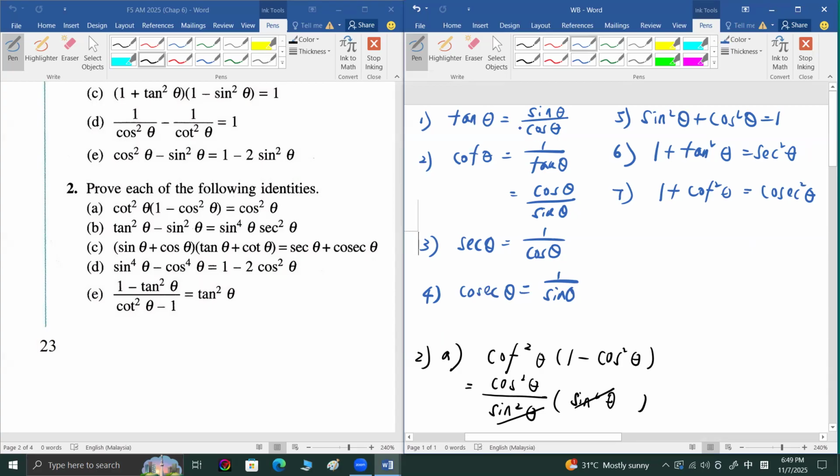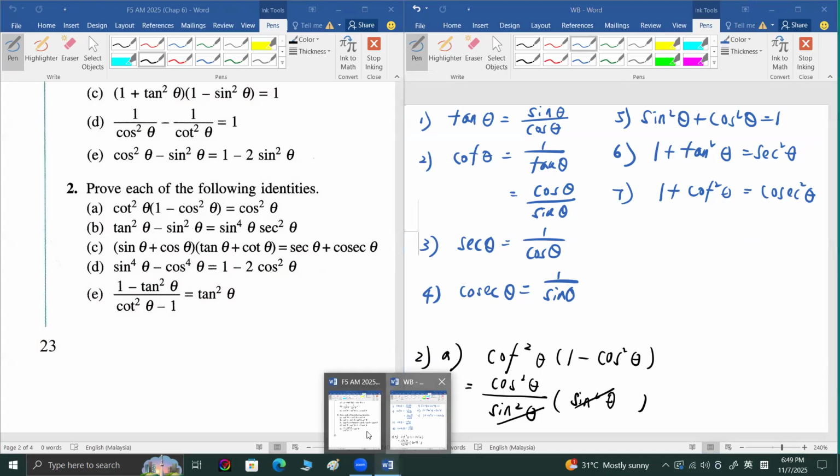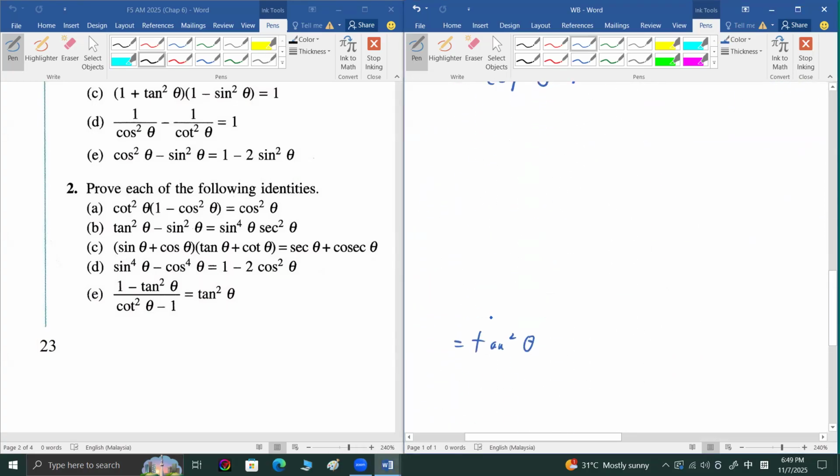Okay, I try to use this and see. If you can't get that, then only you change. I try to use this one. So before I get tangent squared, maybe I get sine squared theta per cos squared theta.